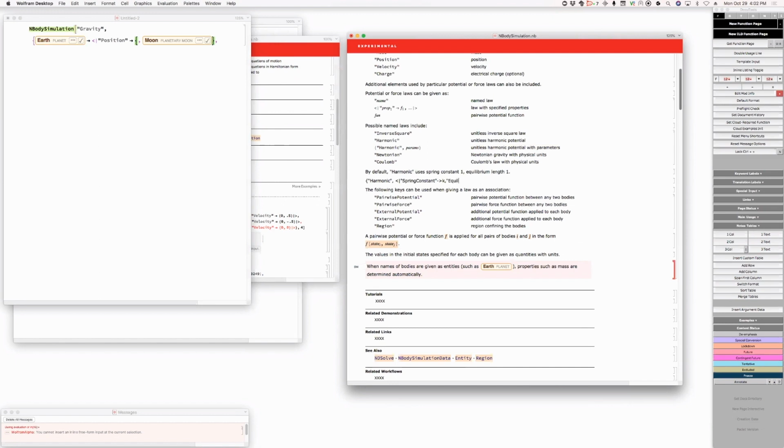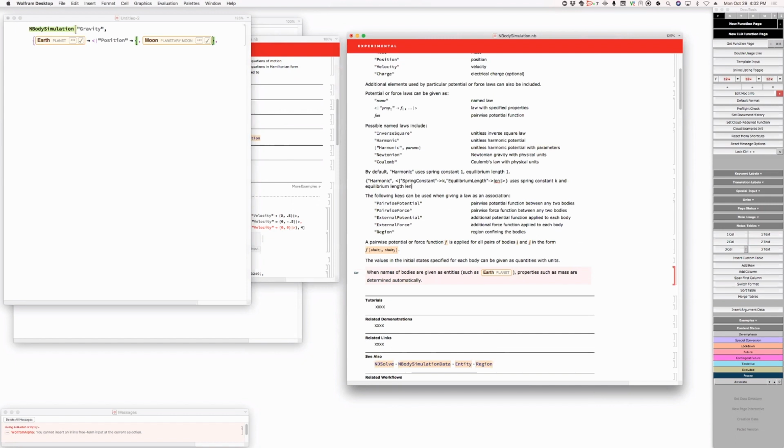Okay, so this is the equilibrium length. What do you usually call the equilibrium length? L. L, yep. I don't like to use L, I'd use len.